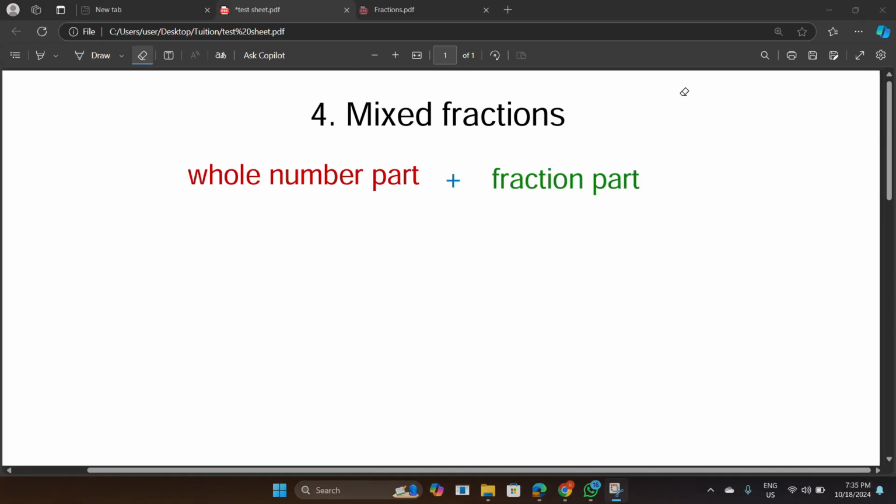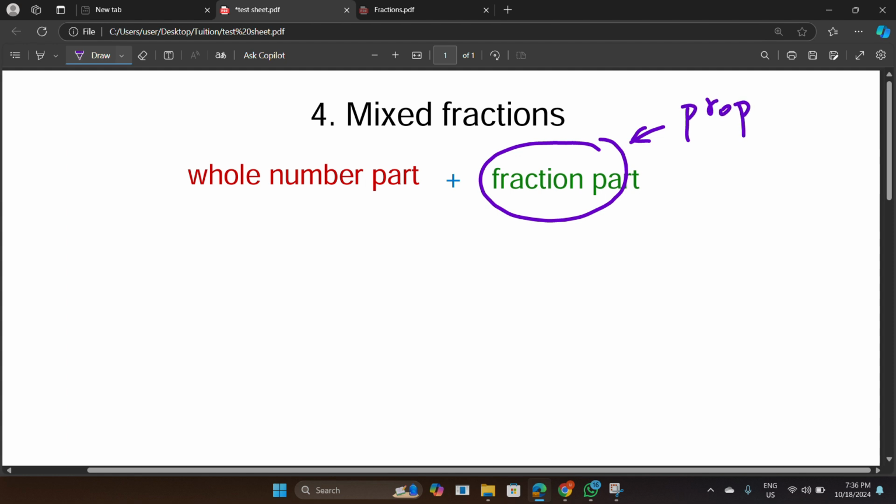Next fraction type is mixed fractions. Here, it is a combination of a whole number part and a fraction part. This fraction part should be a proper fraction, right? This is a proper fraction part. We can write 2 and 3/4.